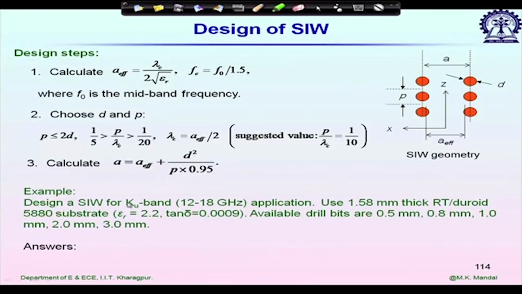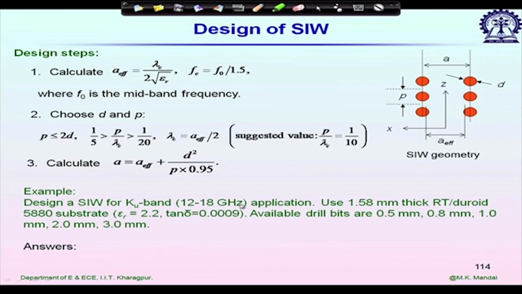Let us take one example. You are asked to design one SIW for Ku band application. So, my band of interest is Ku band, 12 to 18 gigahertz, and the available substrate is 1.58 millimeter thick RT/duroid 5880 substrate, for which epsilon r is equal to 2.2 and tan delta 0.09.